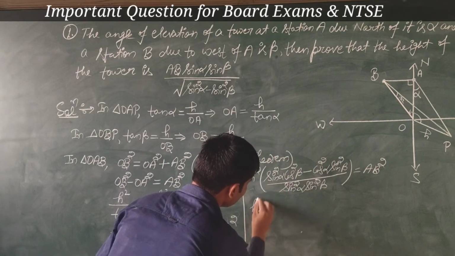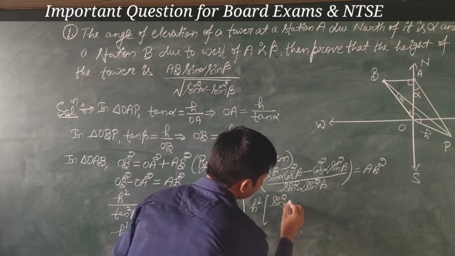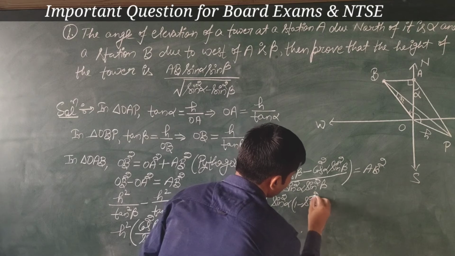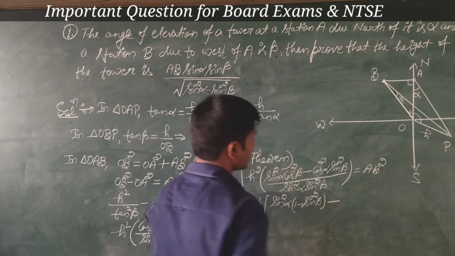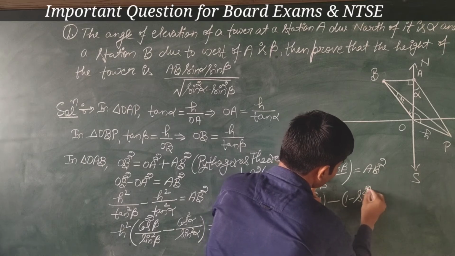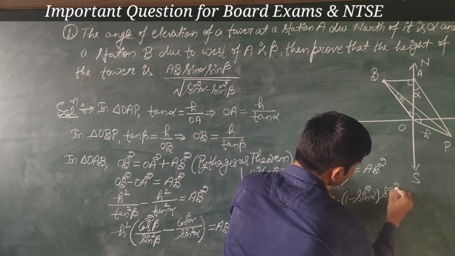So here we can write h square, sin square alpha into cos square beta as 1 minus sin square beta, minus 1 minus sin square alpha into sin square beta.